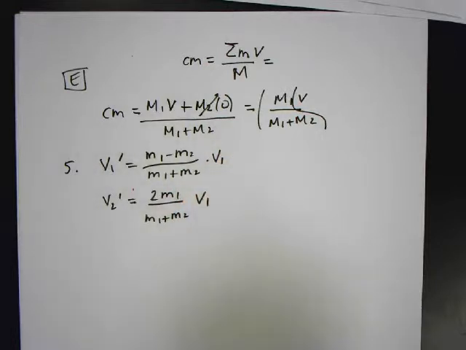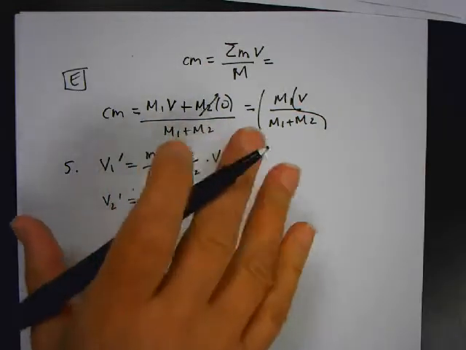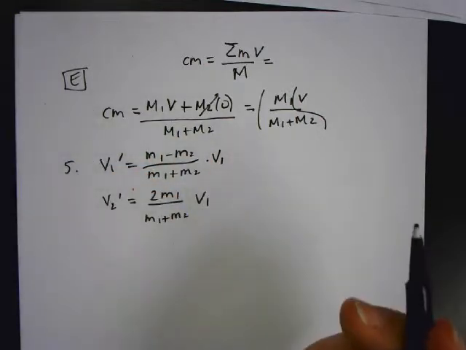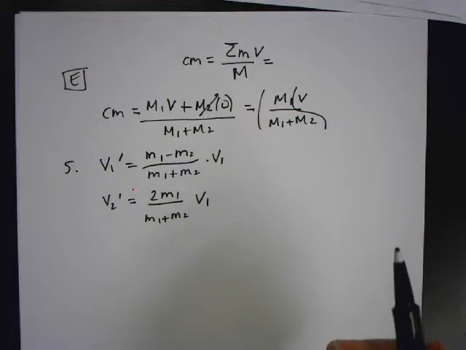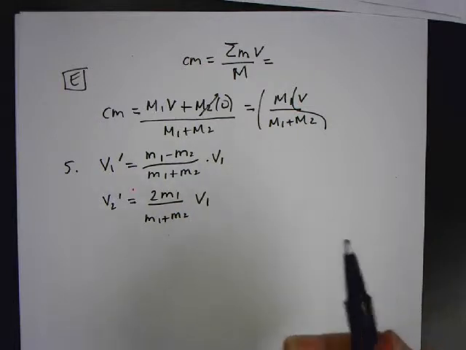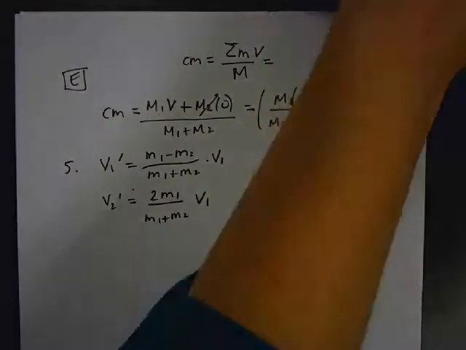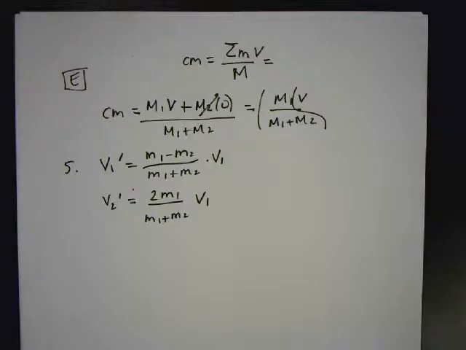Again, I don't have these memorized, but I've seen a couple of times they've actually asked this, so this would be worth putting in your calculator. So the answer to number 5 is A.